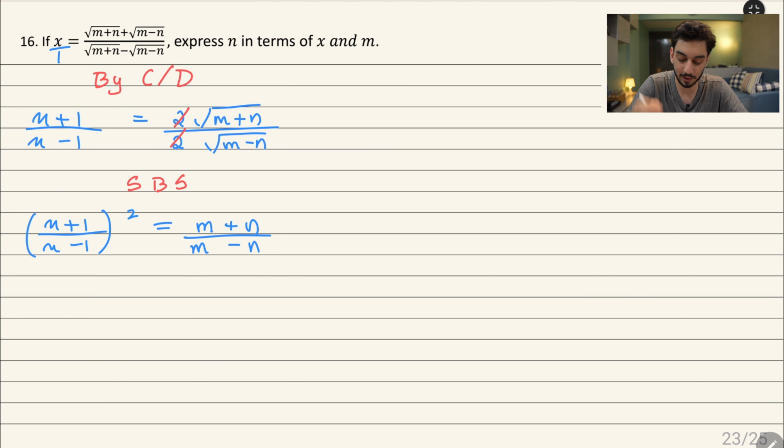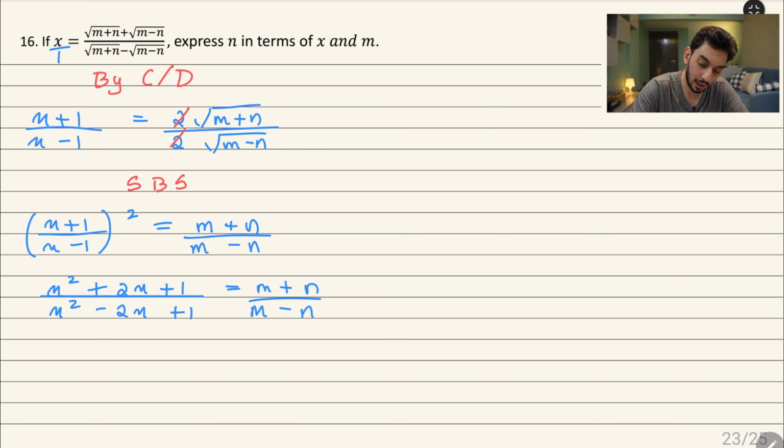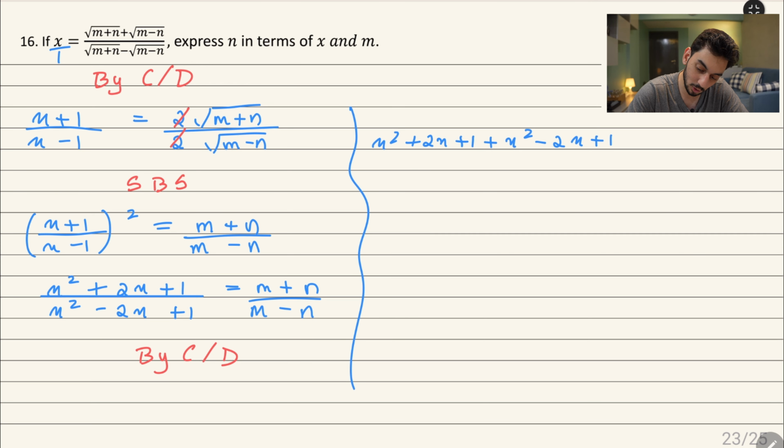Here I can use (a plus b) the whole square and (a minus b) the whole square, which is a square plus 2ab plus b square, and the denominator would be a square minus 2ab plus b square, is equal to (m plus n) upon (m minus n). I'll again use componendo dividendo. So by componendo dividendo, this would now become x square plus 2x plus 1 plus x square minus 2x plus 1.